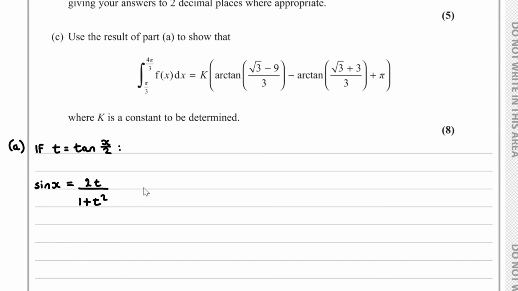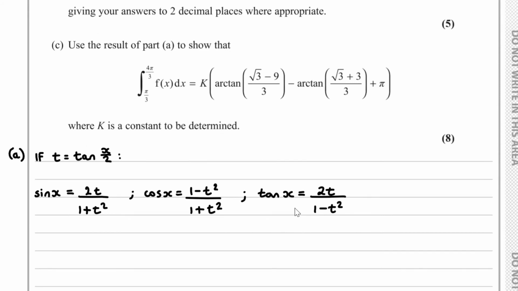Then cos x will equal (1 − t²) over (1 + t²), and tan x is equal to 2t over 1 − t².